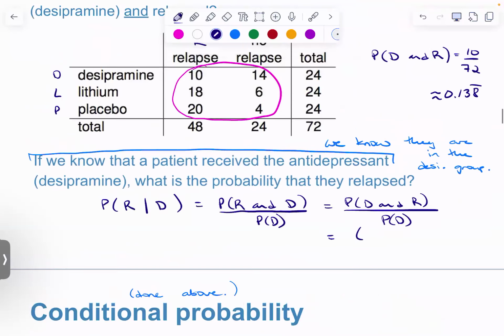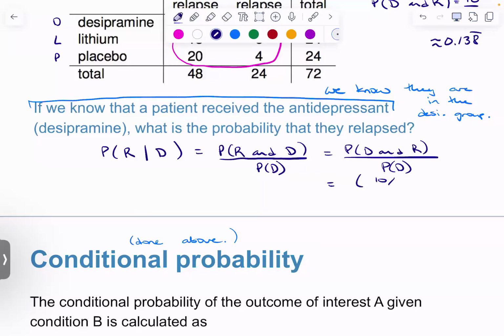The probability of D and R was 10 over 72. And we just said the probability of D, if I can remember, 24 over 72. Remember fractions? Fraction over a fraction. You have to flip the denominator and multiply. What's really nice is we get to cancel some stuff.